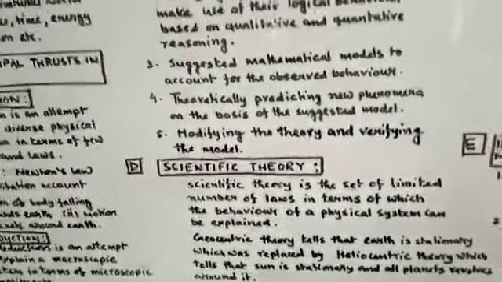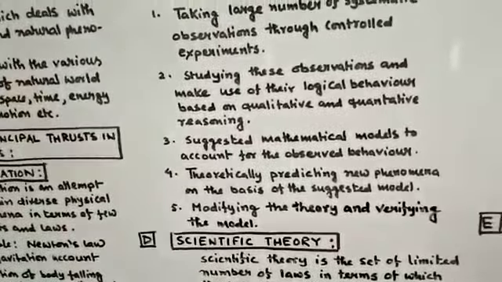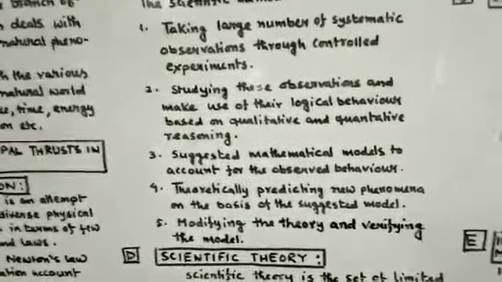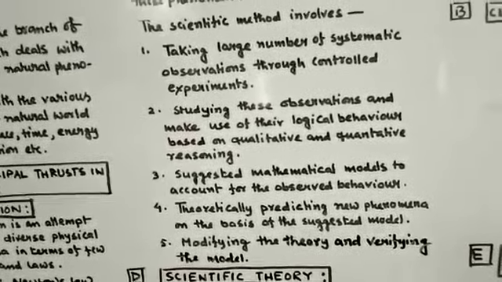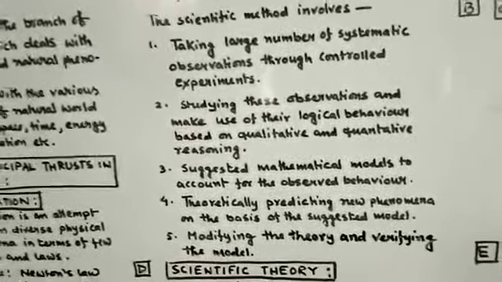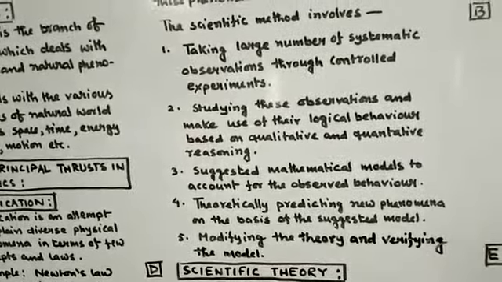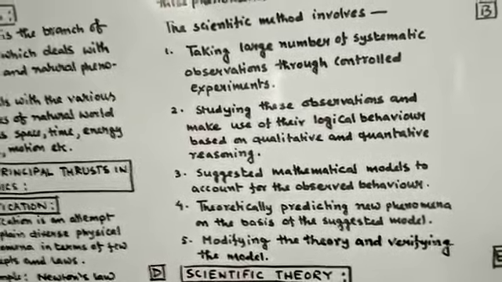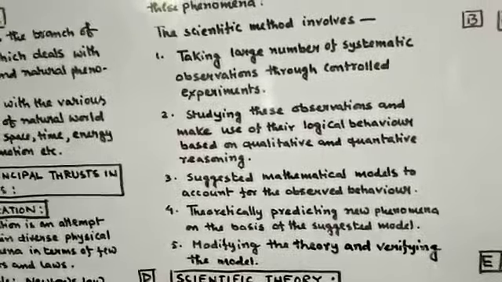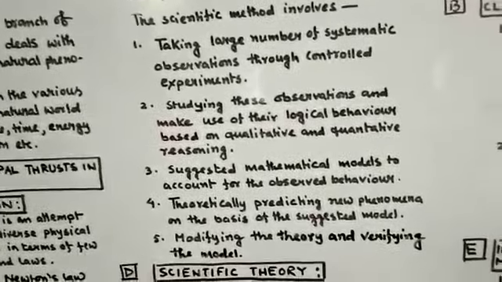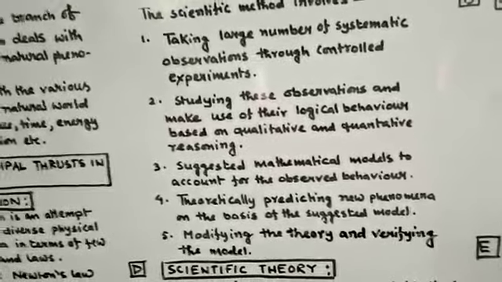For example, if we throw an object, what will happen? It gets pulled by the earth. So it's not necessary only earth gets pull these objects. It may be possible that sun is also pull these objects, or moon is also pull these objects. But only we are able to see the attraction for the earth because the distance of that object from the earth is less compared to the distance of that object from the sun or moon.